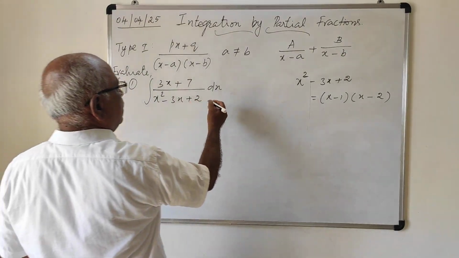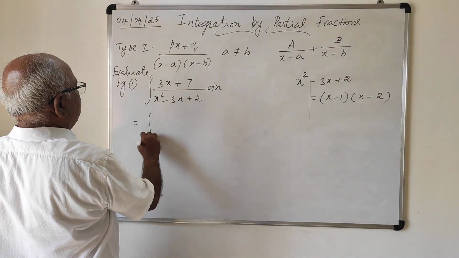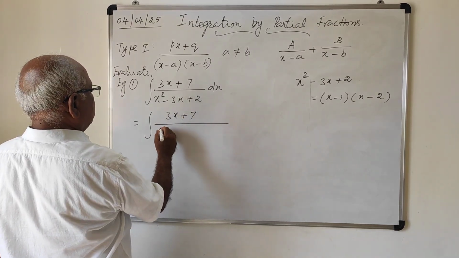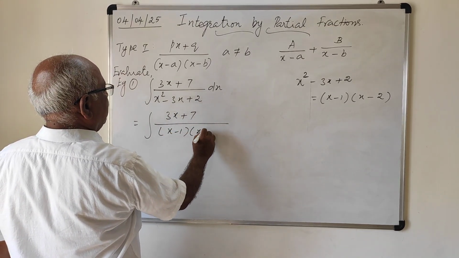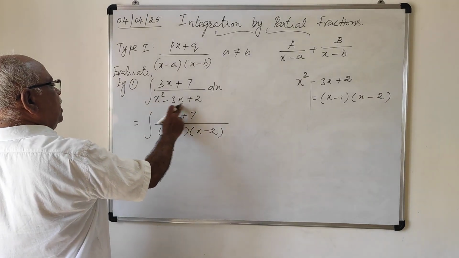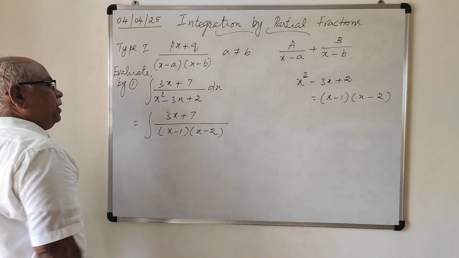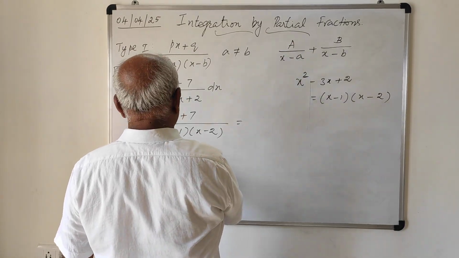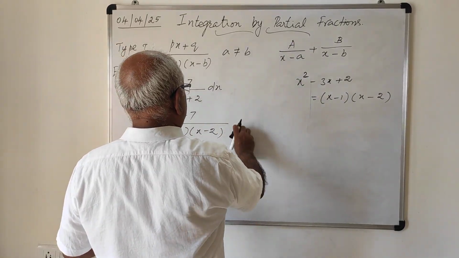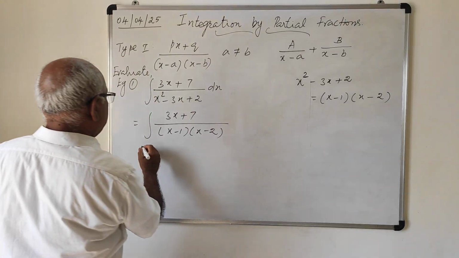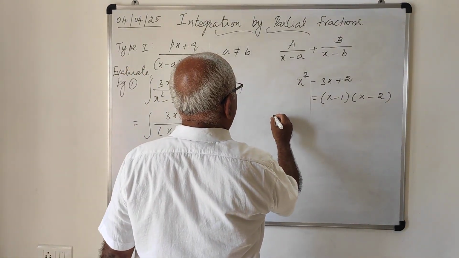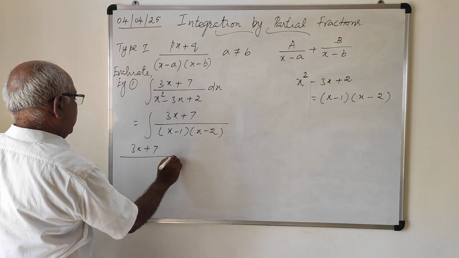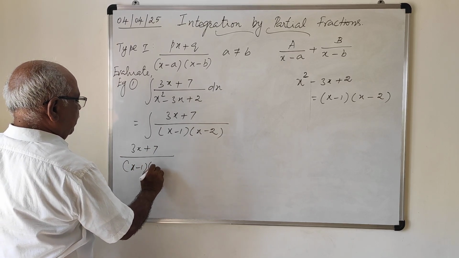Therefore, this problem now reduces to the integral of (3x plus 7) by (x minus 1) into (x minus 2). The quadratic denominator is split into two factors, and after that, by the method of partial fractions, you consider the integrand, which is (3x plus 7) by (x minus 1) into (x minus 2).